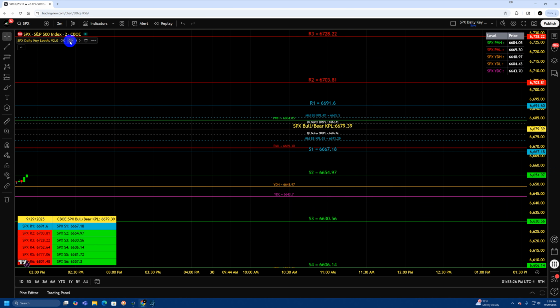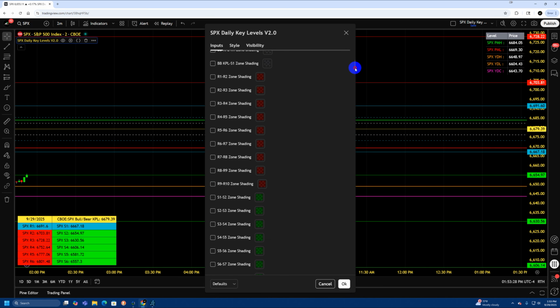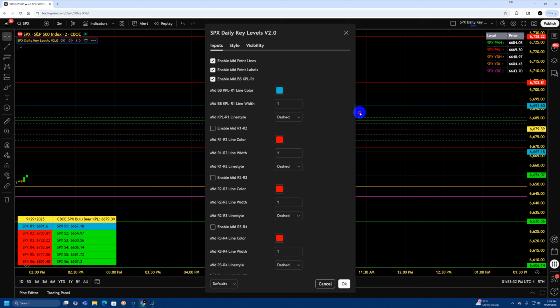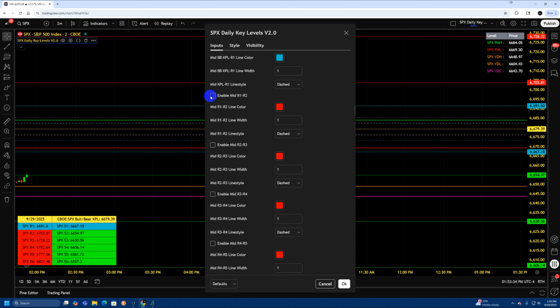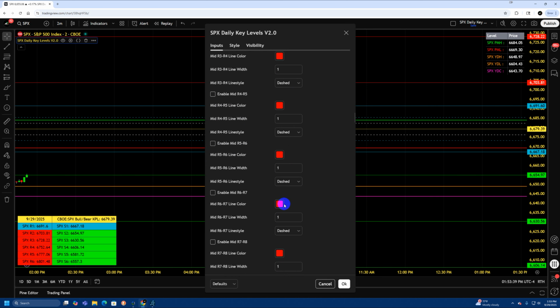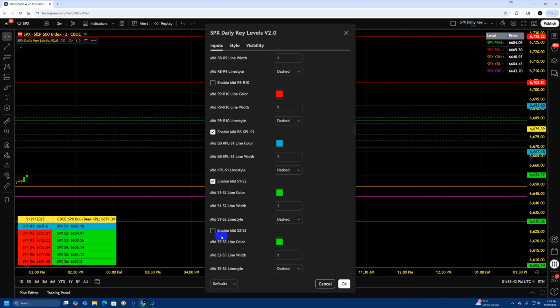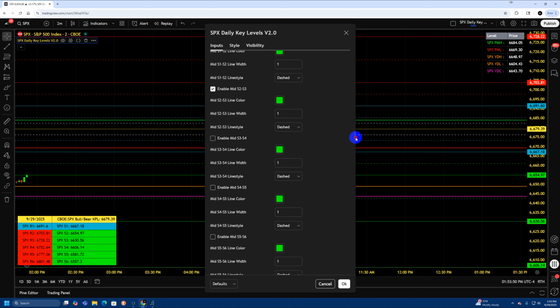So you simply go into the user control panel, and first we'll turn on the midpoint levels. So we'll enable mid R1 R2, mid R2 R3, mid S1 S2, and mid S2 S3. And let's say we're also considering tight stop losses.